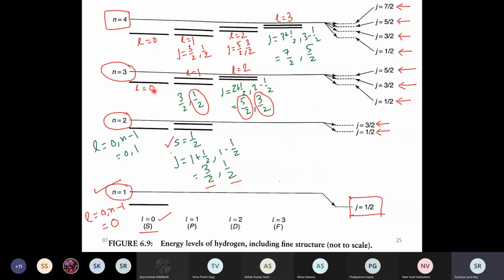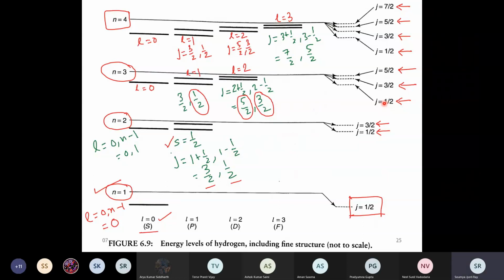Similarly, for L equal to 0, I will get a J value of half, and that similar value of J is also coming from L equal to 1. So although I am getting certain specific values of J corresponding to a particular value of n, which in this specific case are three different values, 5 by 2, 3 by 2, and half, it is not necessary that a specific value of J corresponds to one particular term symbol.